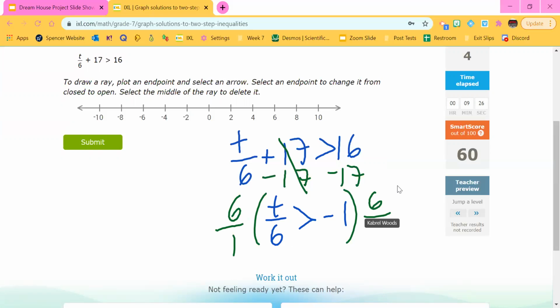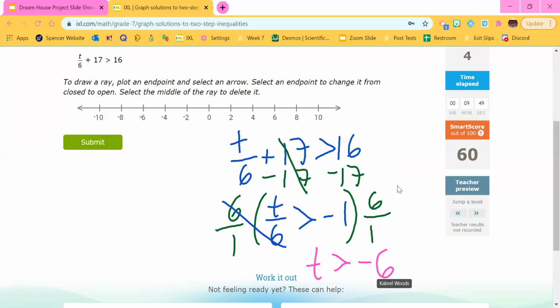So this causes those coefficients to cancel out, and you have t left, greater than, and then negative 1 times 6, which is negative 6 over 1, still leaves us with negative 6.